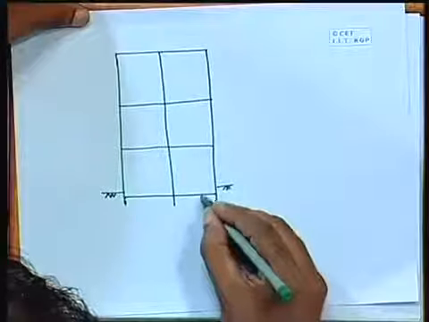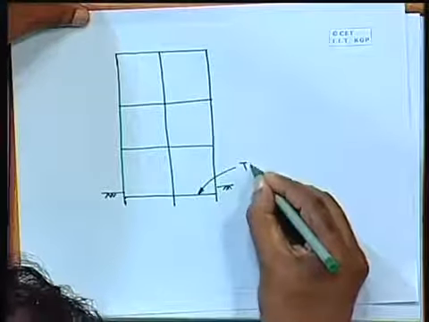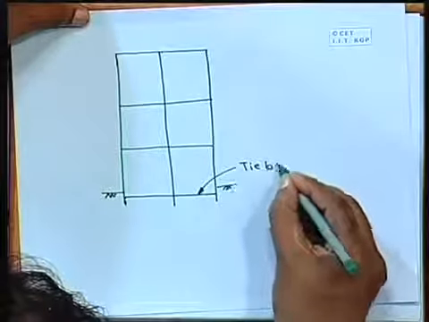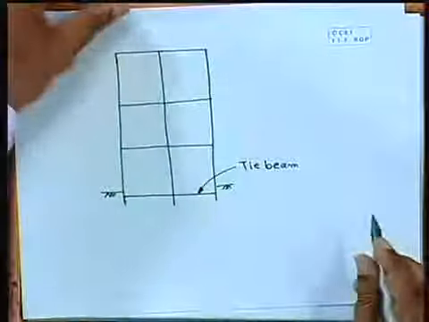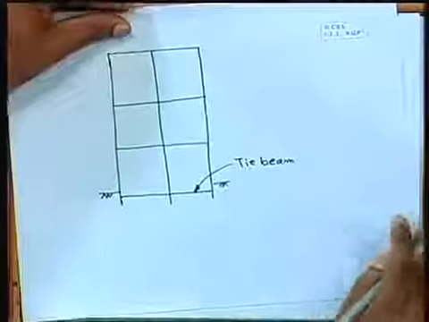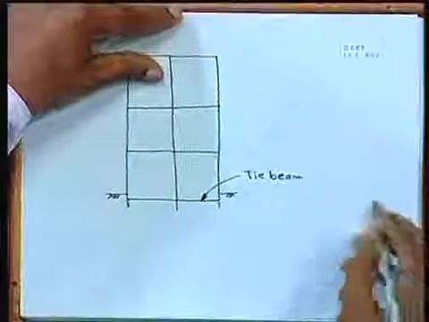This beam has a special name, we call it a tie beam, and it is rectangular. That means if you see the cross section, you will see it like this.